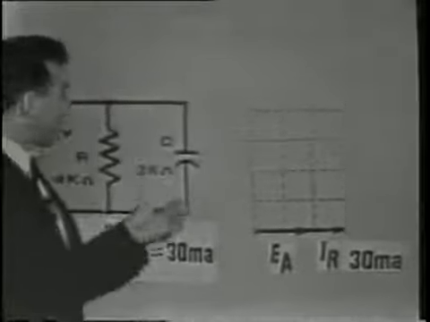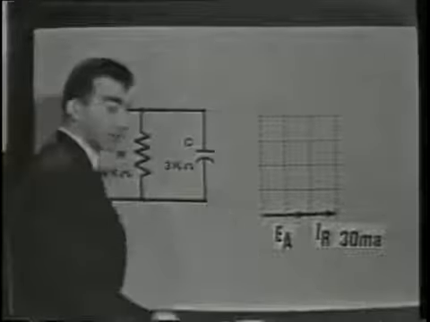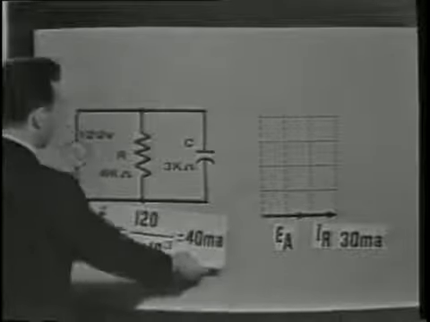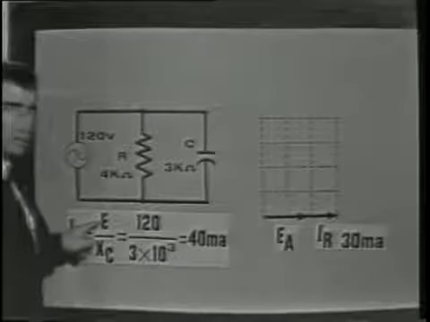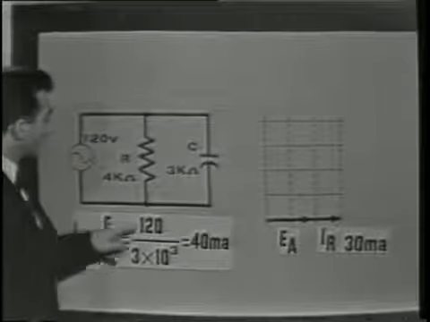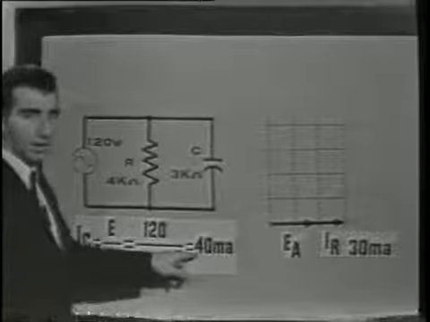Now, the capacitive current, or IC, may be found in exactly the same way, simply applying Ohm's law. In this case, IC is equal to the voltage over the capacitive reactance. 120 volts over 3 k ohms equals 40 milliamps.